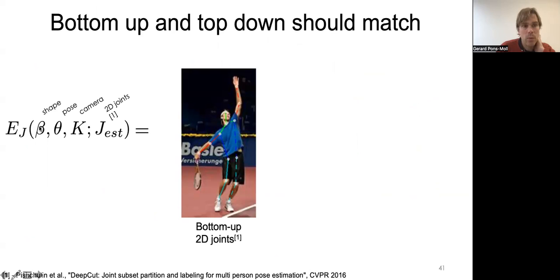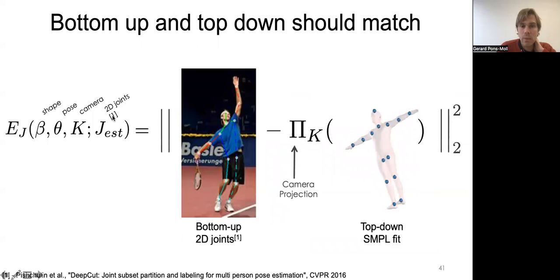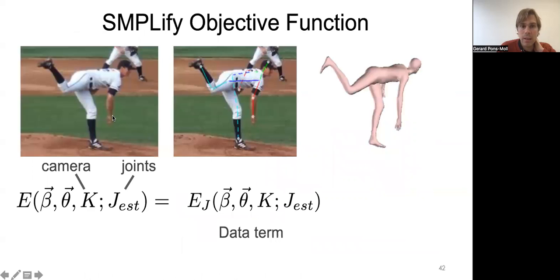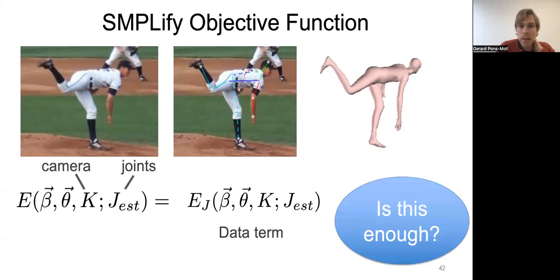You have an energy, which takes parameters shape, pose, and also the camera orientation relative to the body, and it depends on the estimated 2D joints. The idea is to minimize this distance with an objective function that measures this, for example, the L2 between the predictions and the detections. Now the question is, is this enough?